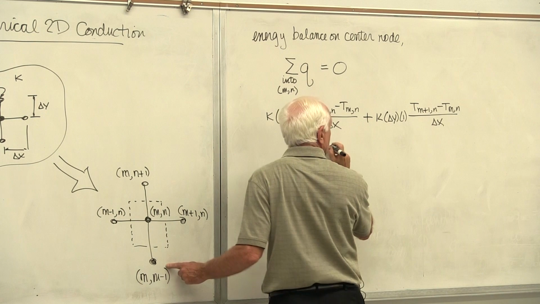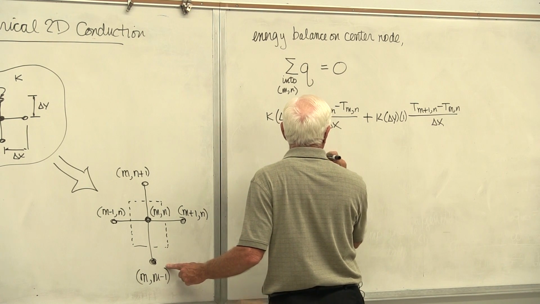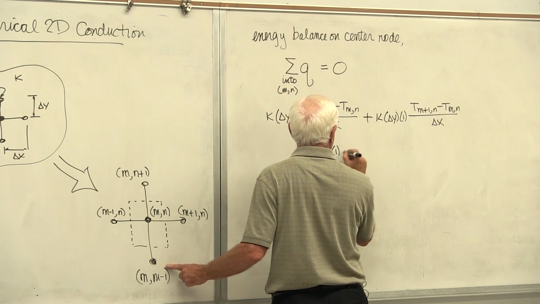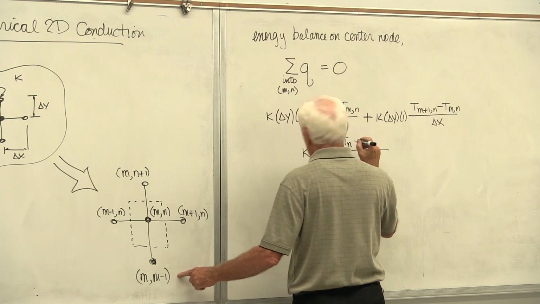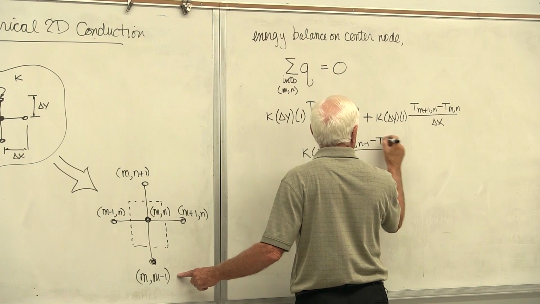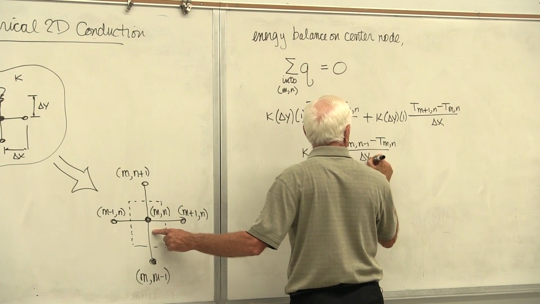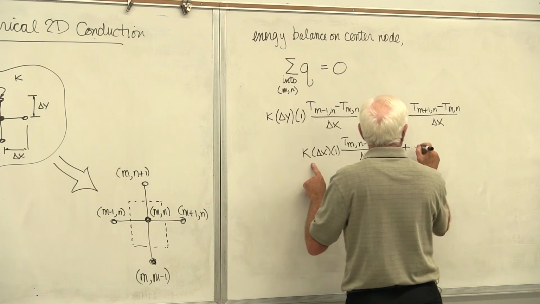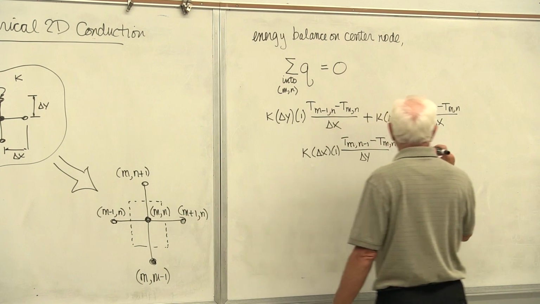Now from the bottom to the center, k, the area is delta x times 1, T(m, n minus 1) minus T(m,n) divided by the distance I traveled, delta y, plus k from top to center node.